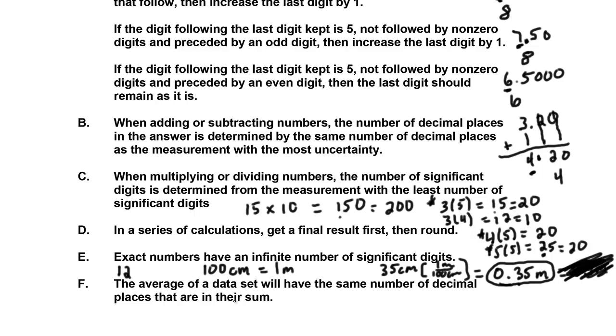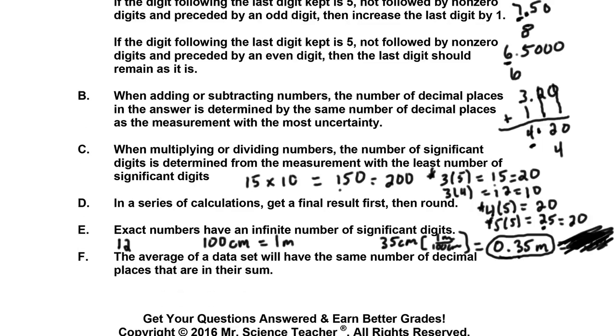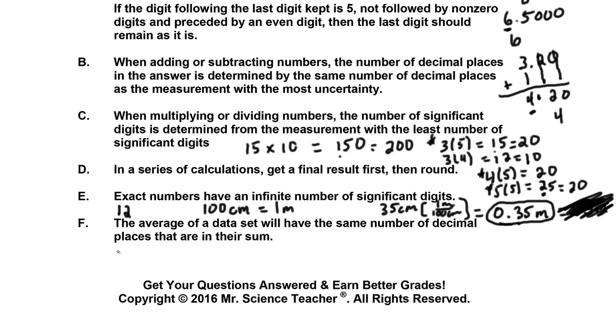Okay, the average of a data set will have the same number of decimal places that are in their sum. Well, that's saying that if I have like 4.2 and 3.5 and 3.8, if I wanted to take the average of those numbers, so let's see, we have 4.2 plus 3.5 plus 3.8.